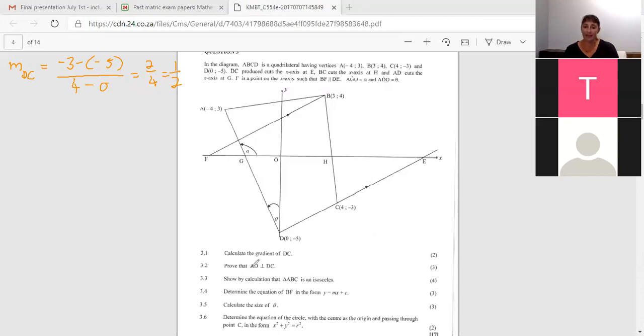Prove that AD is perpendicular to DC. Perpendicular says opposite gradient. So prove that this gradient is opposite to that. In other words, when you multiply the gradients, you get minus 1. Right, and we can find the gradient of AD.